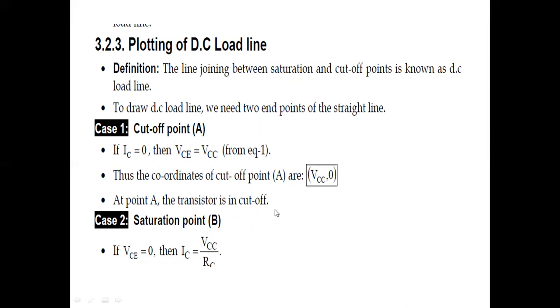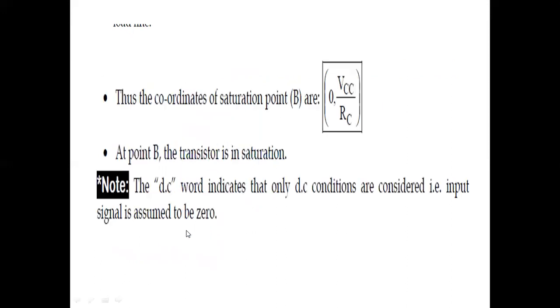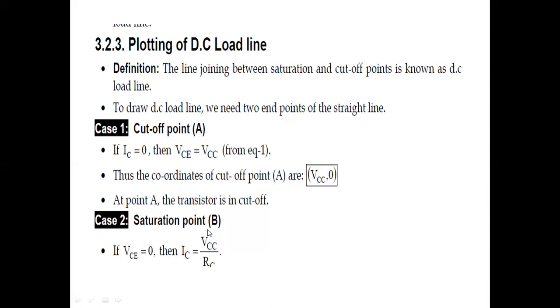Then coming to the next case, we have to define the saturation point B. It is located in the saturation region, that's why we name it the saturation point. Since it is located on the y-axis, on the y-axis the x value will become 0, that is, VCE will be equal to 0.